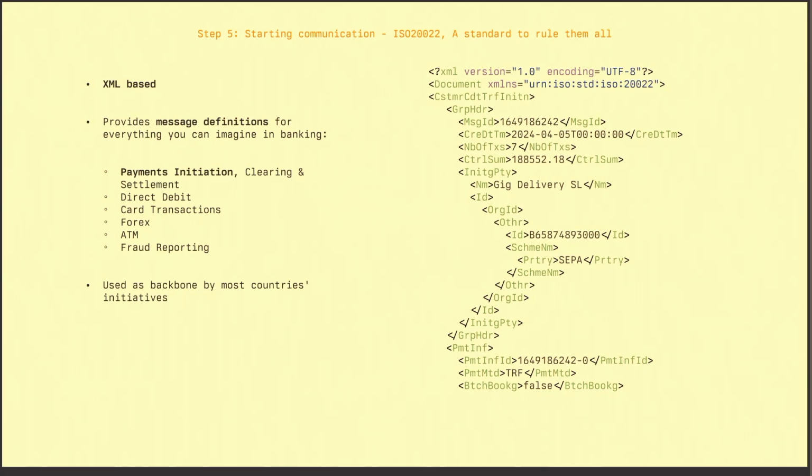Traditionally, all this exchange between PSPs was a mess again, with all kinds of custom file formats that were never standardized. Starting in 2007, the ISO committee introduced this standard, and it has proven very successful in its adoption globally, particularly because it can do everything.